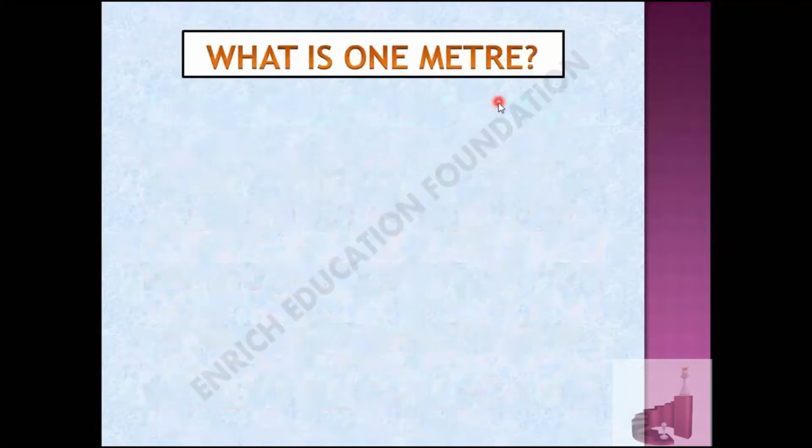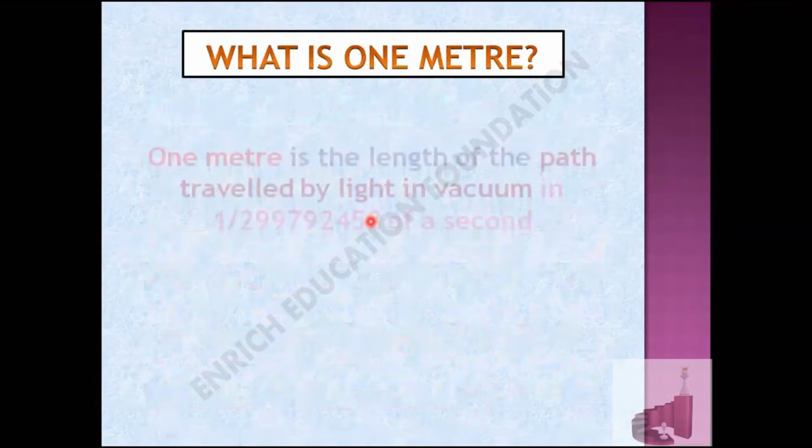Now one by one we will see the meaning of each unit of the fundamental physical quantities. First is 1 meter.